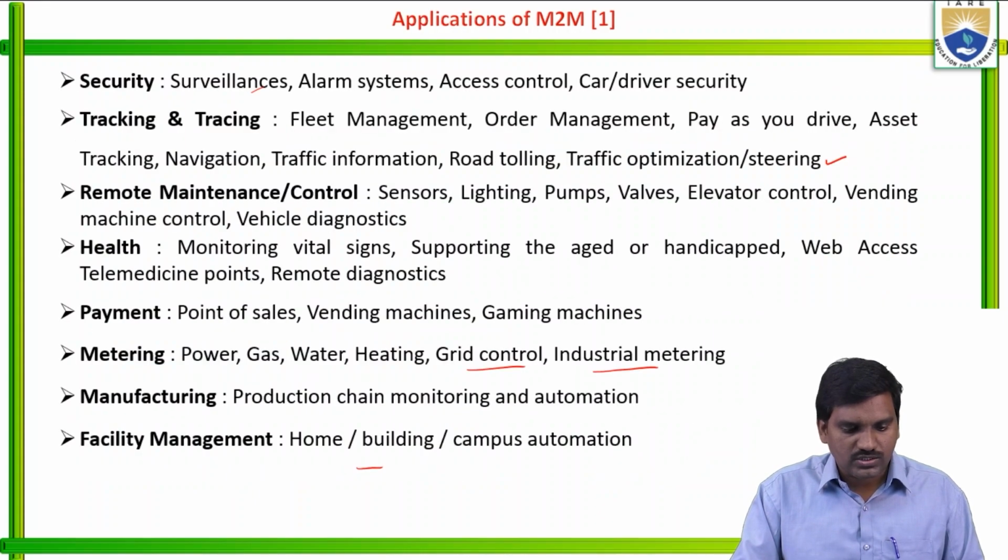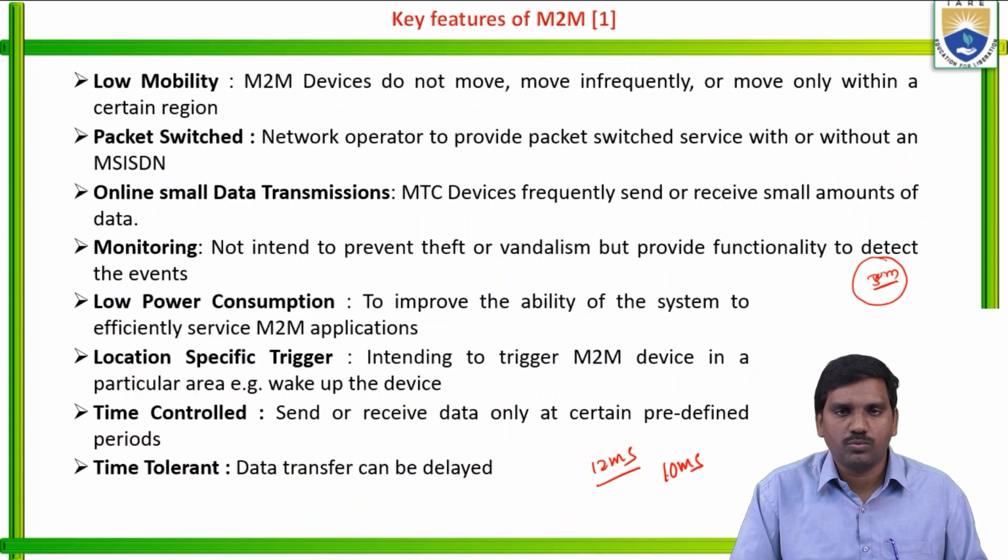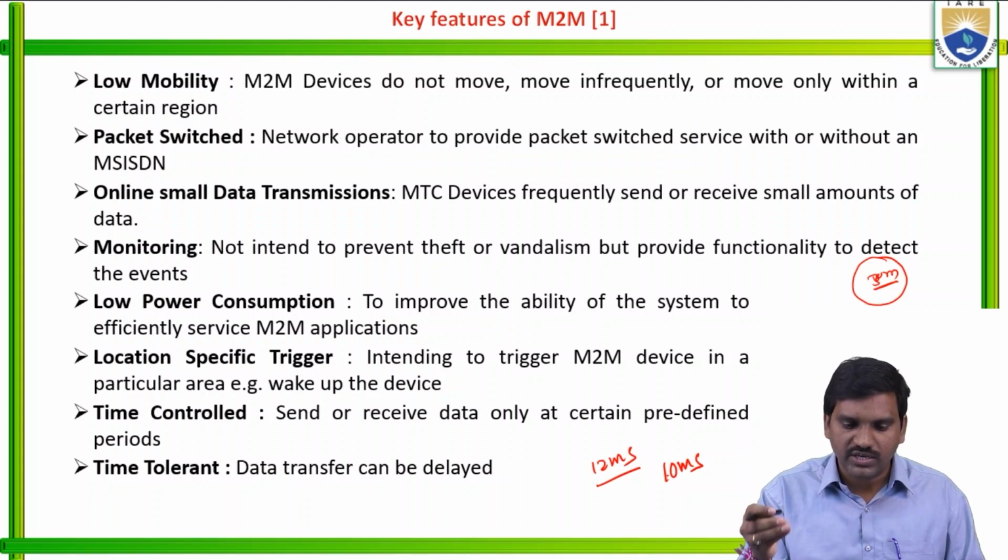Starting with security, tracing and tracking, remote maintenance control, health department, payment mode, metering, manufacturing and facility management, along with low mobility, packet switching, online small data transmission, monitoring, low power consumption, location specific triggering, time controlled and time tolerance. These are the key features of machine to machine communication.